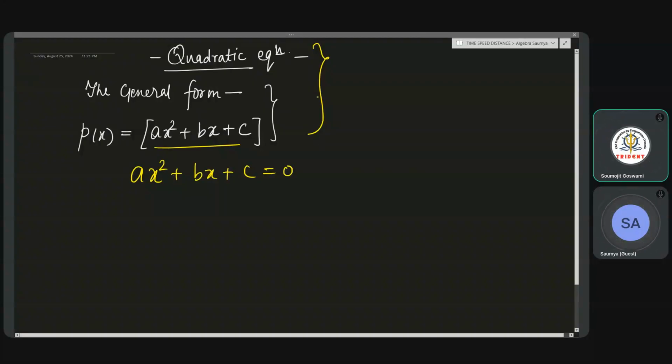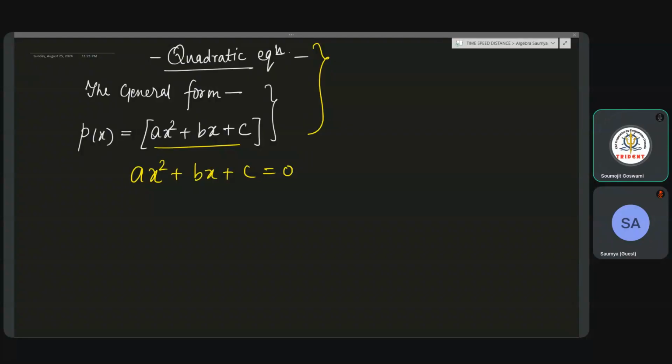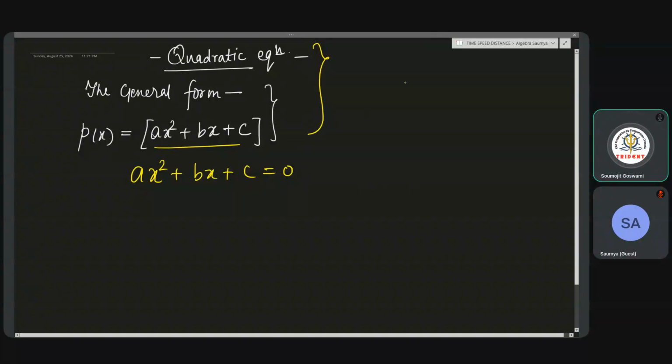So one of the important things for us to realize at this point is that suppose I have an equation with me. Just for the sake of simplicity, I'm just going to write it like this. We already know that the roots can be factorized like this: (x minus alpha) and (x minus beta).